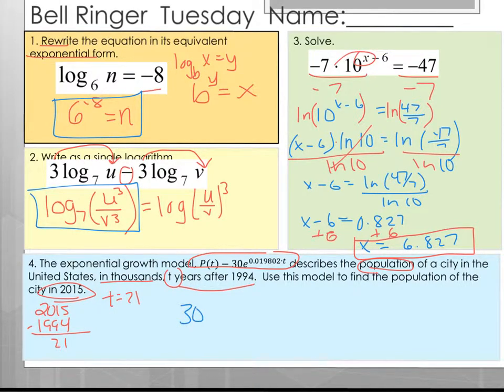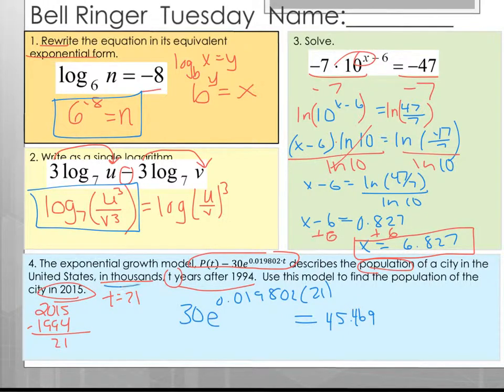So in my calculator, I'm going to type 30, base e, remember that's just a number, raised to the 0.019802 times 21. And plugging it in the calculator, we get 45.469.